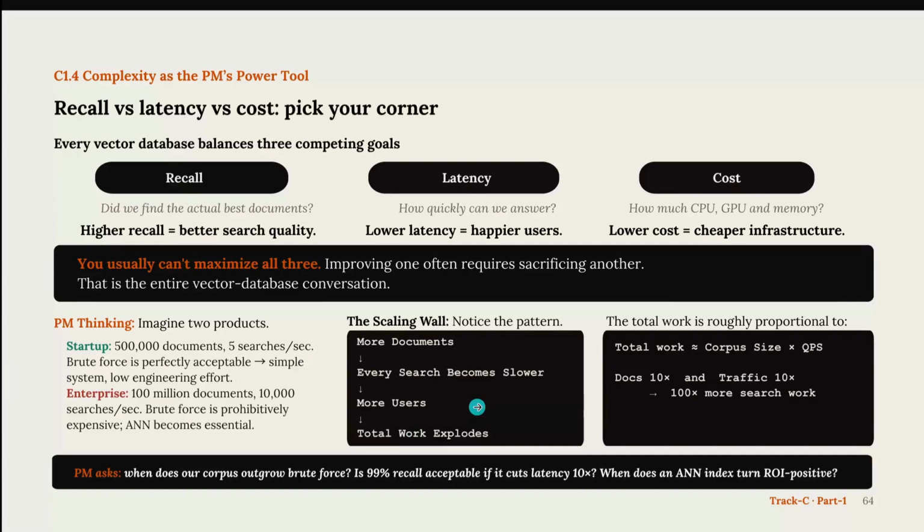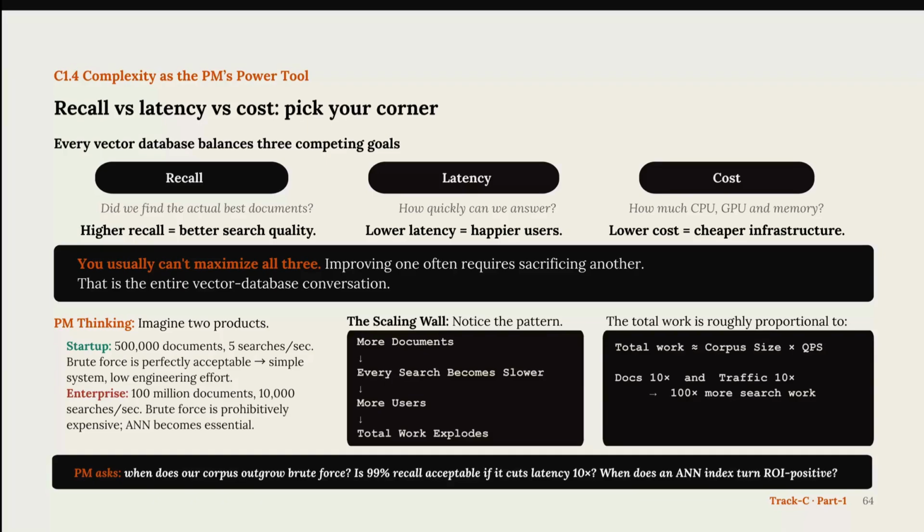The total work is roughly proportional to the corpus size, which is the number of documents, times queries per second. Imagine a 10x increase in documents and a 10x increase in traffic: that is 100x more search work.